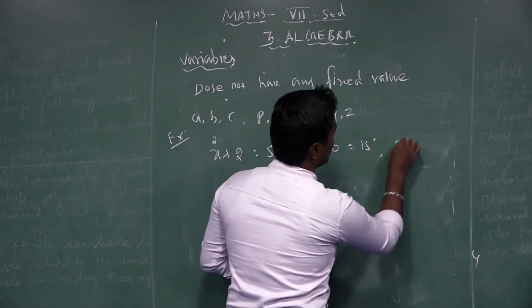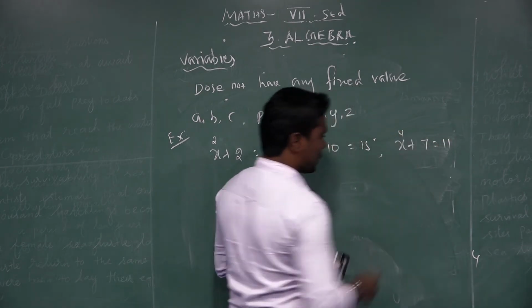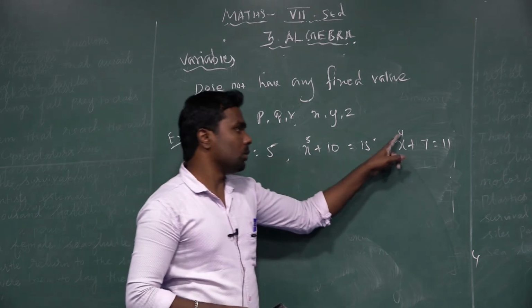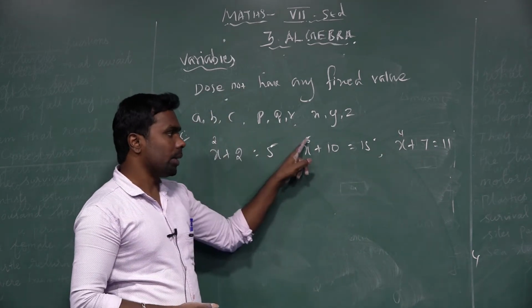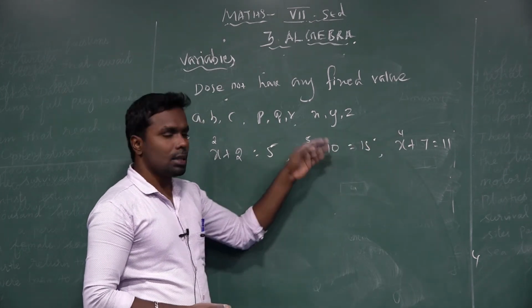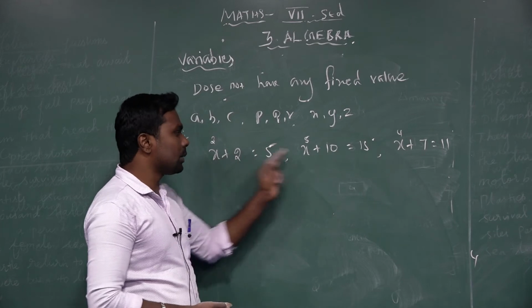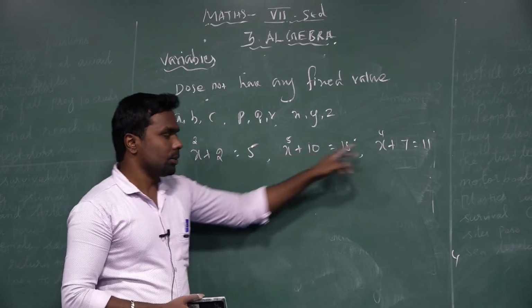Another one, x plus 7 equal to 11. Here x takes the value 4, so 4 plus 7 equal to 11. Here x takes the value 3, here 5, here 4. So the values of x are varying, so it does not have any fixed value. So x is called a variable.